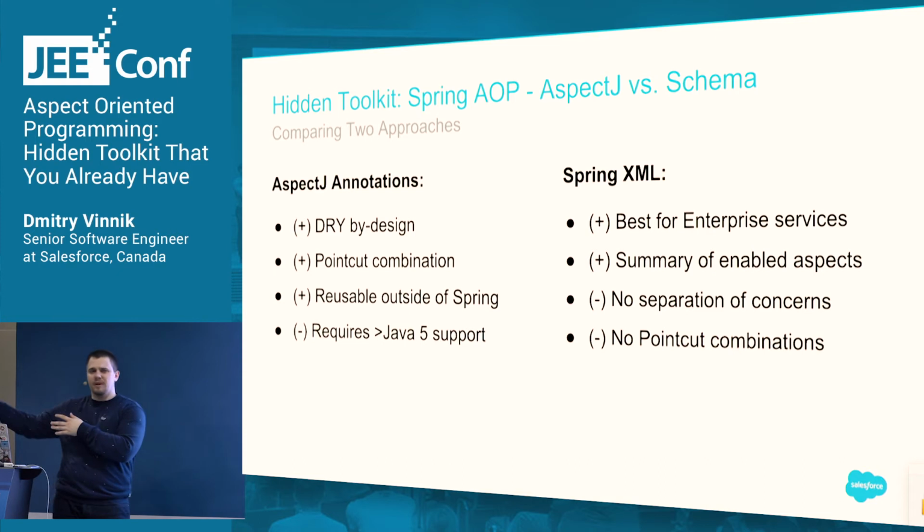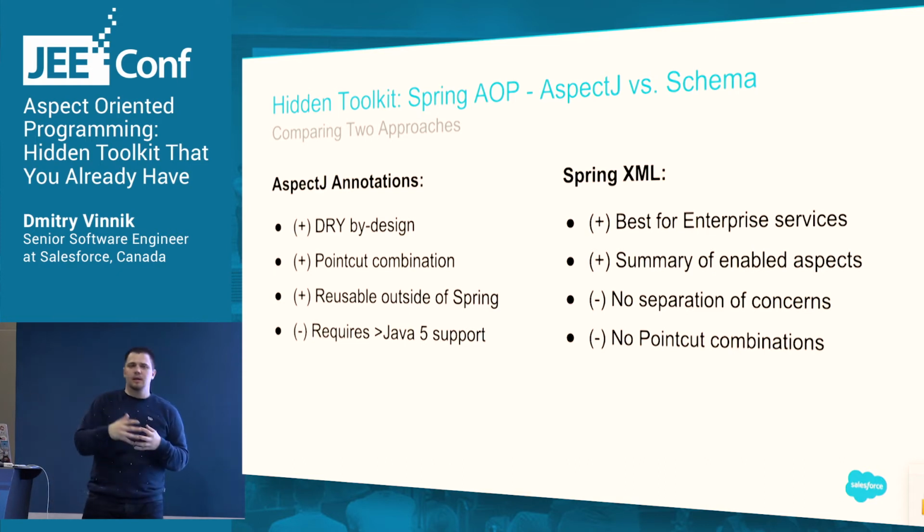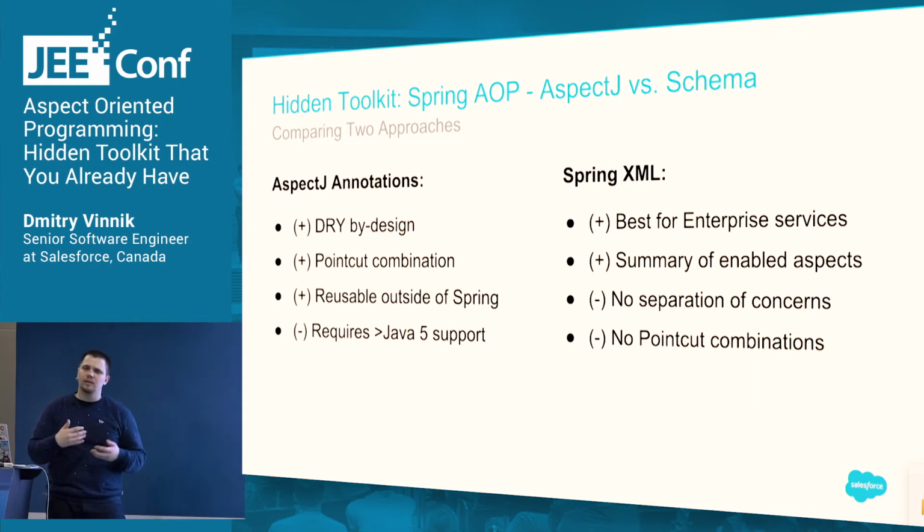But with Spring XML, it's slightly killing the idea of separation of concerns, because all your aspects, pointcuts, everything is going to be just dumped in a single file, one after another. So again, you can't use your experience as a Java developer with aspects as much. And you can probably see from the number of negatives and positives what I prefer.